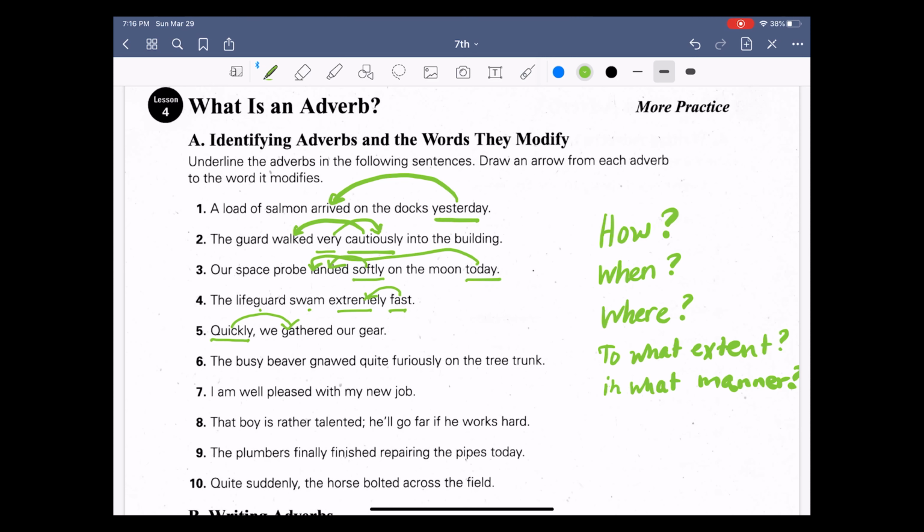How's he gnawing? Furiously. And to what extent? Quite furiously. Number 7, I am well pleased with my new job. I am pleased. Remember, subject, linking verb, predicate adjective. I equals pleased. To what extent are we pleased? Well. So well is telling us about pleased.